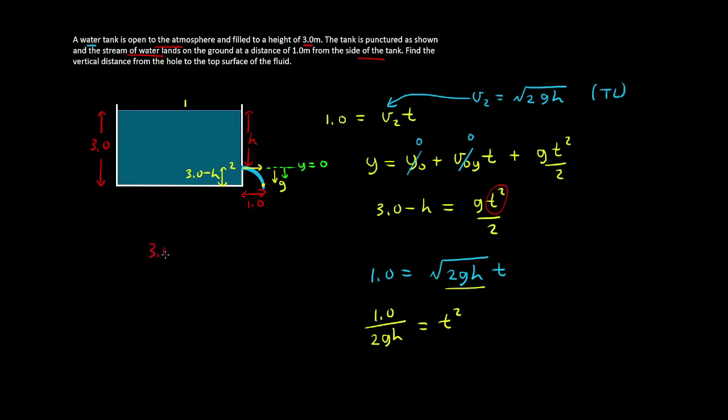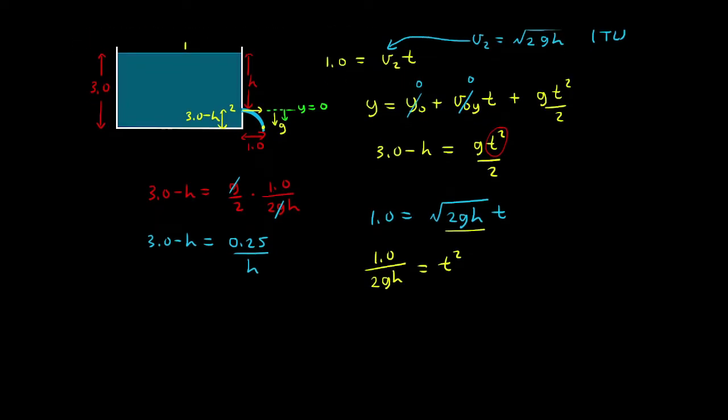So what we get is 3.0 minus h is equal to g on 2 multiplied by 1.0 on 2gh. And we can see we're going to get a cancellation here. And therefore 3.0 minus h is equal to 1 on 4, which is 0.25 on h.